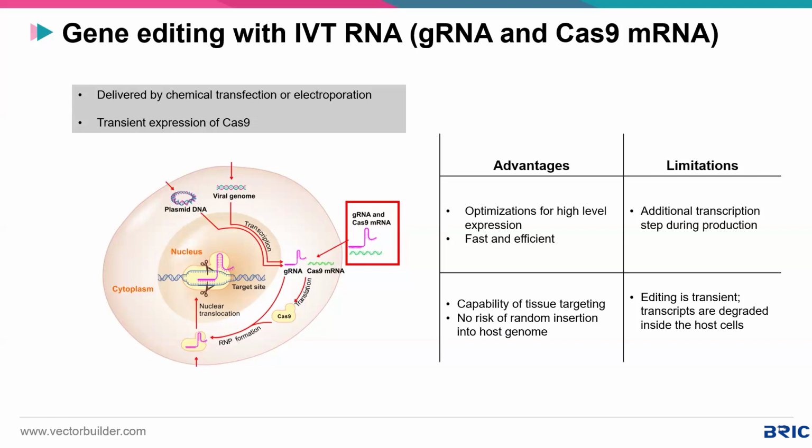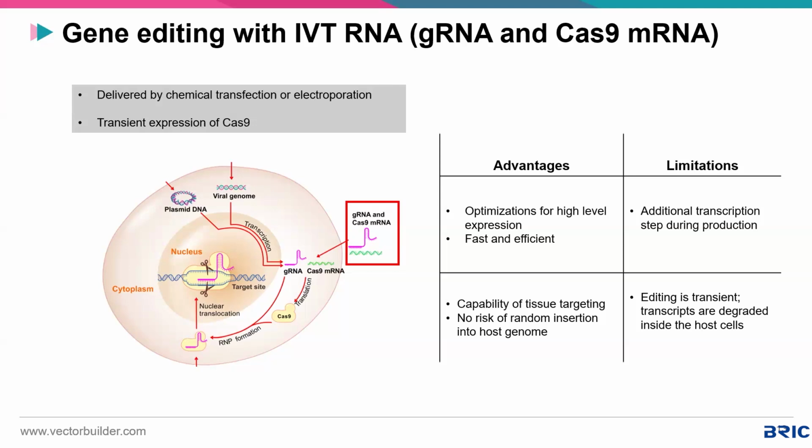One of the biggest advantages of this specific system is that in the creation of IVT mRNA, there is a great deal of control for optimization of a high level of expression. We can control for stability and expression levels. So it is pretty efficient that way.